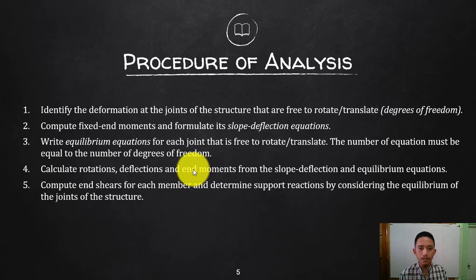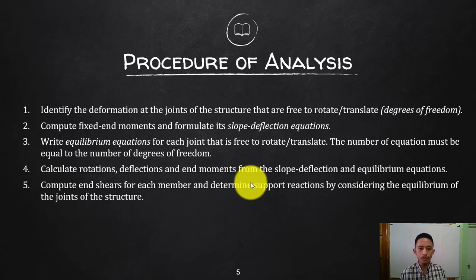The end moments, we are only focusing on the end points of your member, and the end moments are now solved from your equations. So what we need to solve for the rest is the end shears. Once we have that, your member forces are completed. Then making use of those member forces, we will be determining the support reactions. We will be solving from joint to joint for us to complete and solve all of these support reactions.